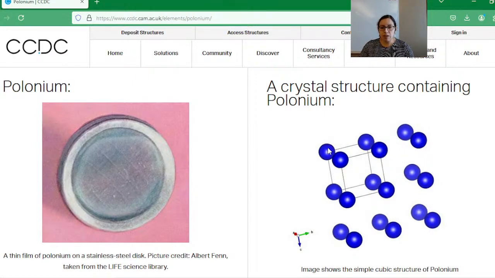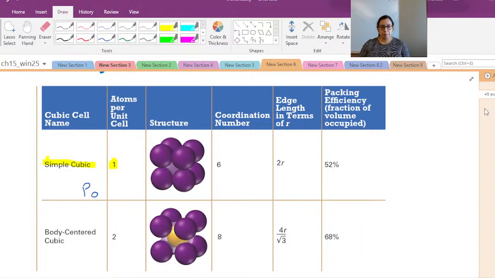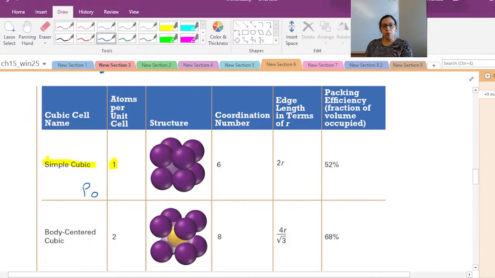And so here we're looking at polonium. It's showing us, right, all the poloniums on all 8 corners of our cube. So there we can see our simple cubic structure. And so right now you kind of have to visualize how we get that 1 atom. So of course, right, you just have 1/8 of each of these in the little corner.